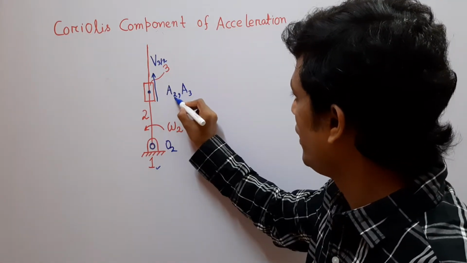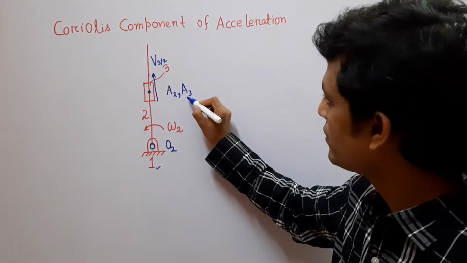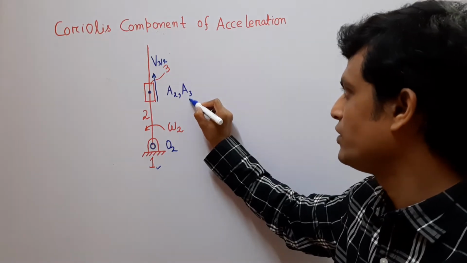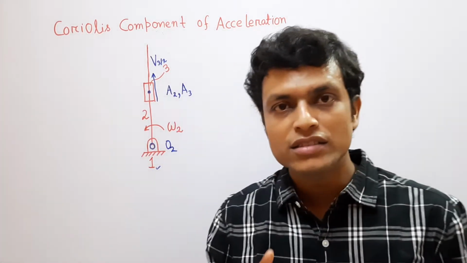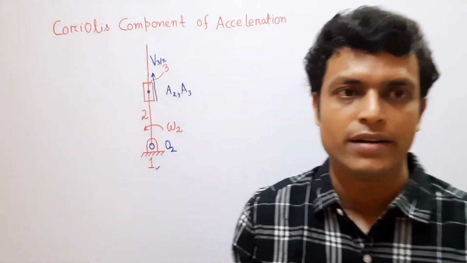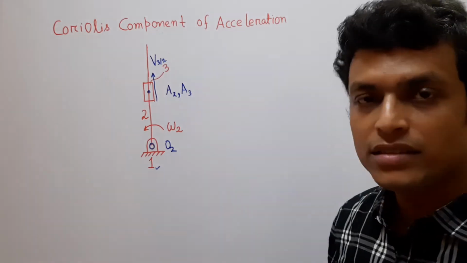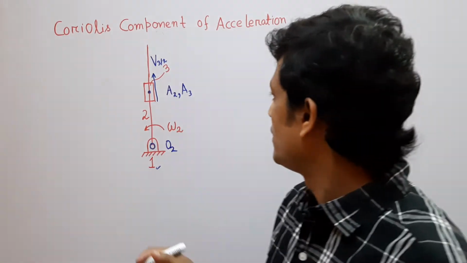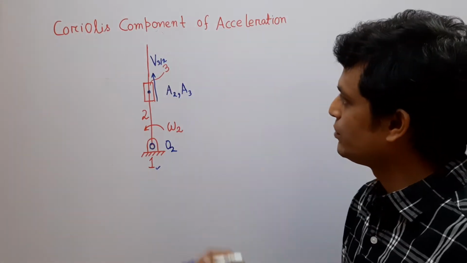So the point on link 2 is denoted by A suffix 2, and the point on link 3 is denoted by A suffix 3. So this point is an instantaneously coincident point. As the instant changes, A2 and A3 will shift their positions, and at this instant they are coincident. So this is the description.